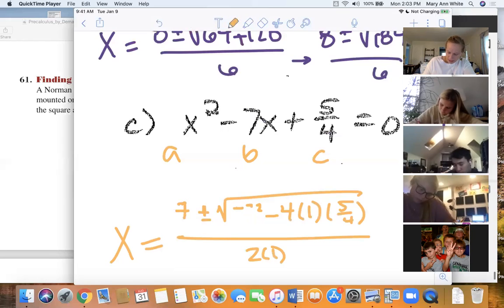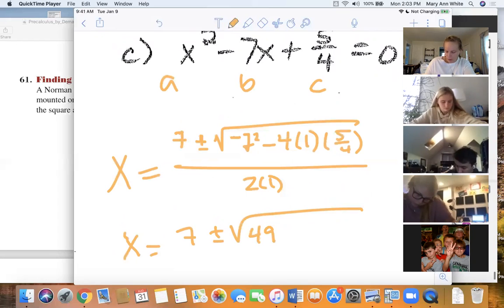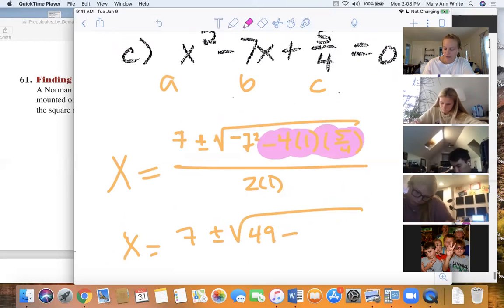All right, and then now we simplify. Keep the 7 by itself on the outside, 7 plus or minus root 49. I have negative 4 times 1 is negative 4 times 5 over 4. The 4's cancel each other out, and I'm just left with negative 5.